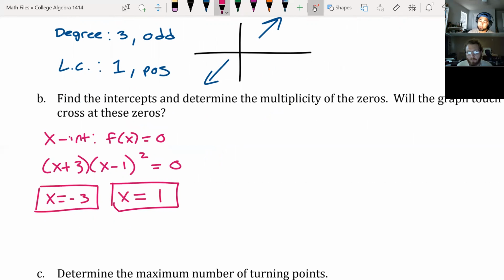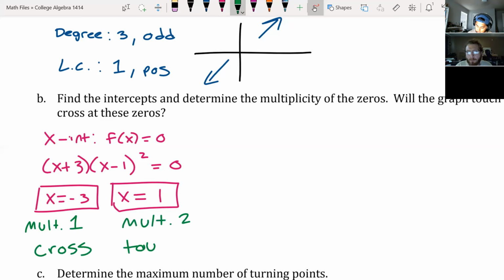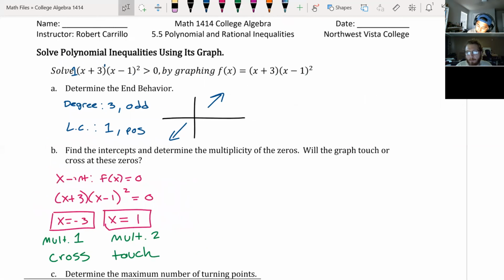What is the multiplicity of -3? Multiplicity 1, which means it will cross at the x-axis. And then 1 has a multiplicity of 2, which means we will touch.